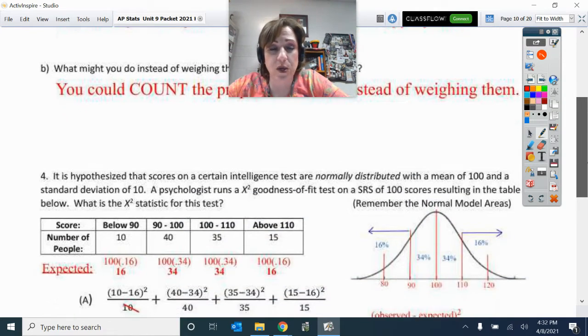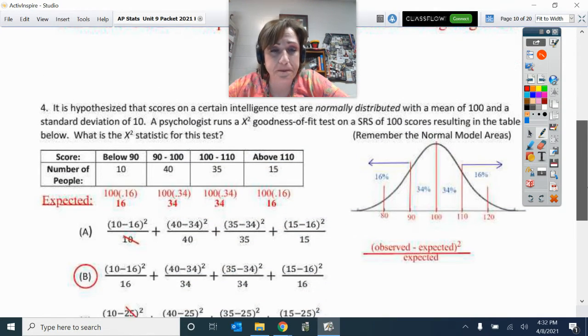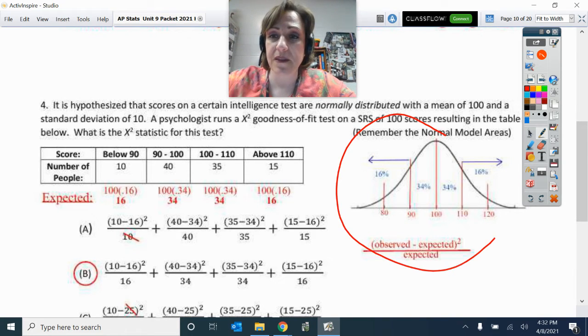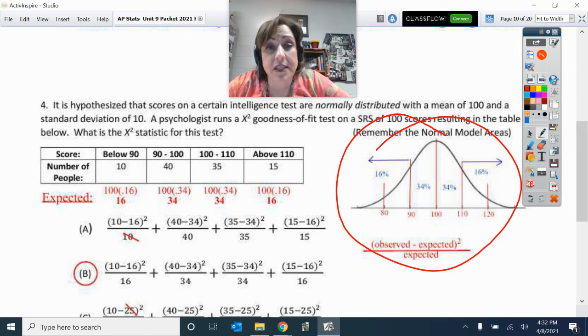All right, here we go with some multiple choice. I will tell you that on the problem I got this from, this part was not on the original problem. All it said was the information about how it's normally distributed.